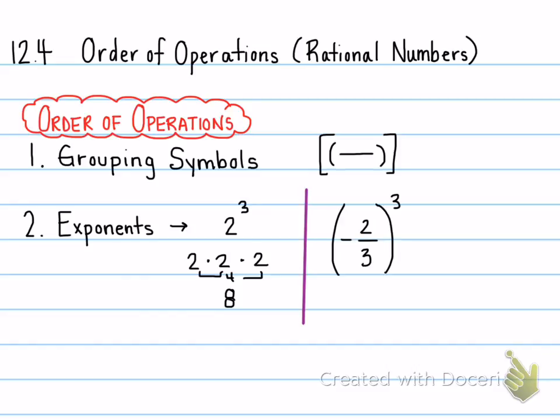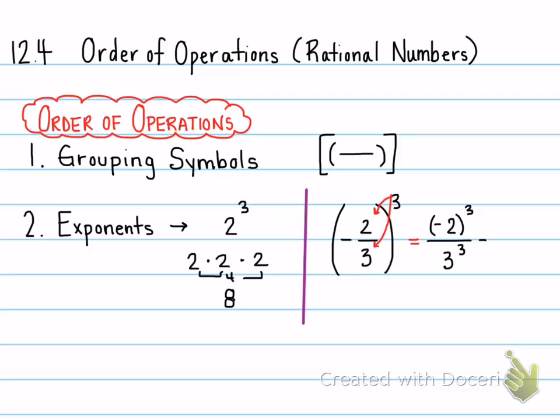What you need to realize is that that cubed goes with both the numerator and the denominator. So you can rewrite it as negative 2 to the third, because remember the negative can be with either one, over 3 to the third. So it goes with both numbers.